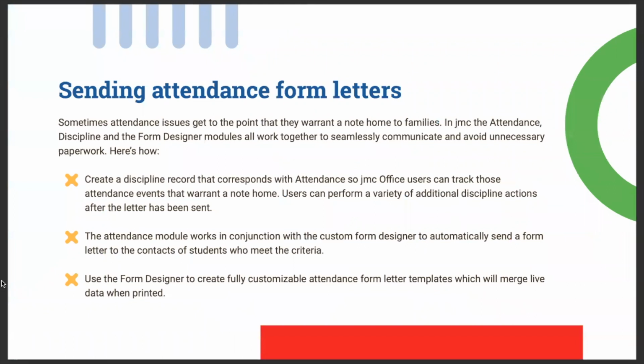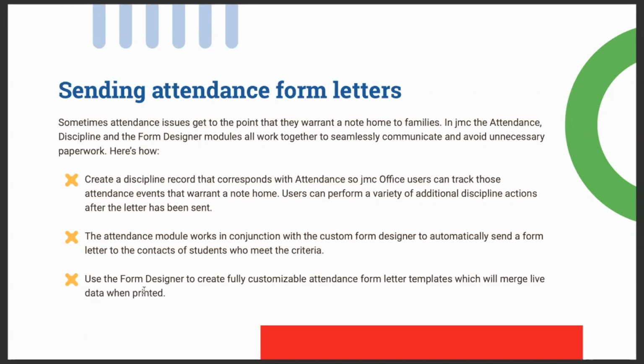Sending attendance form letters: sometimes attendance issues get to the point that they warrant a note home to families. In JMC, the attendance, discipline and form designer modules all work together to seamlessly communicate and avoid unnecessary paperwork. Here's how. You create a discipline record that corresponds with attendance, so JMC Office users can track those attendance events that warrant a note home.